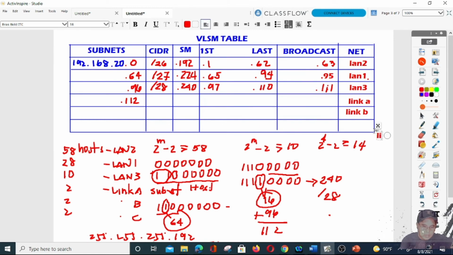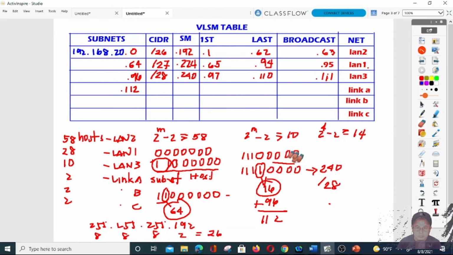And then we have link C. So what will be the next? For link A, we only need 2 hosts. Okay? We only need 2 hosts. Let us erase this one. So we only need 2 hosts.